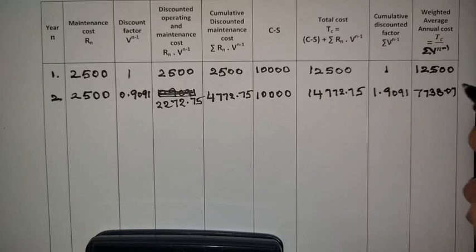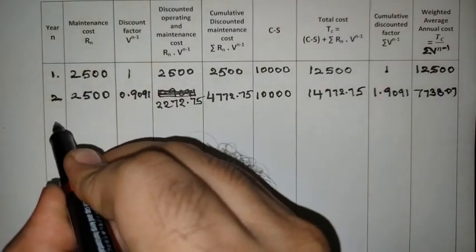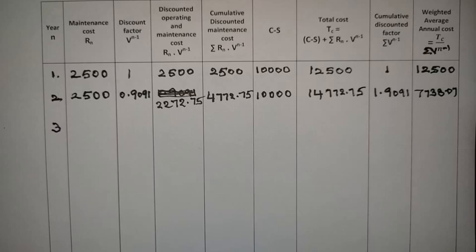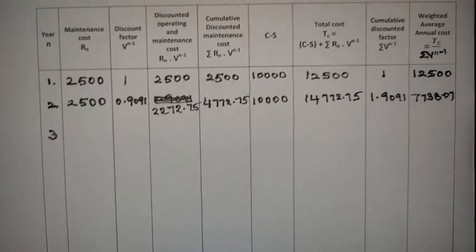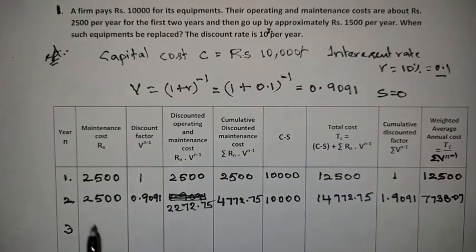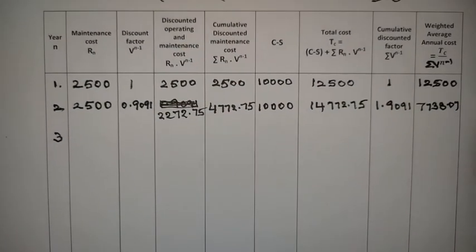So if you observe, the value goes on decreasing, so we need to go for the next year also. In the third year, the maintenance cost increases by 1500 rupees per year, so add 1500 to 2500, then maintenance cost will become 4000 rupees.